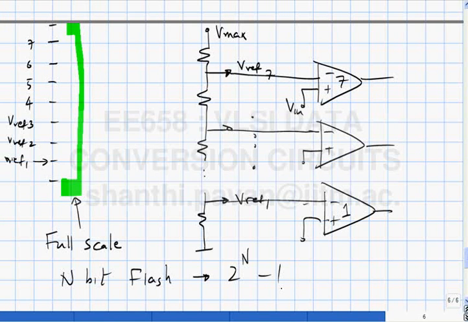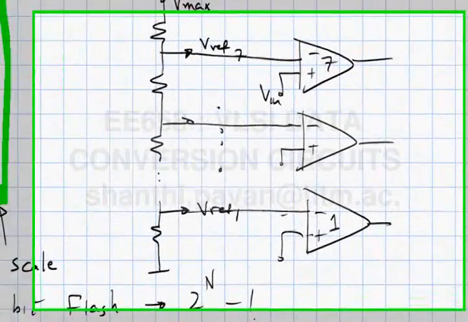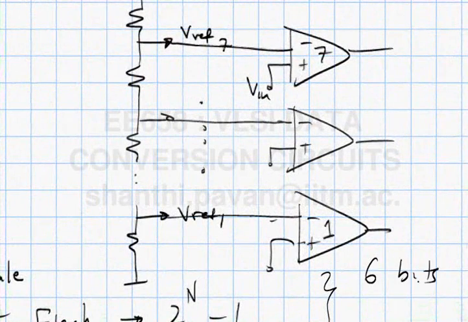If you have only 4 bins, it doesn't make sense to write a big program to do bubble sort, right? You can just go and look into the 4 bins and figure out where the input signal is. Similarly, for low resolutions, a flash is not too bad of a solution, but it becomes increasingly painful as the resolution goes on increasing. If you want 6 bits, a flash is not a bad idea.